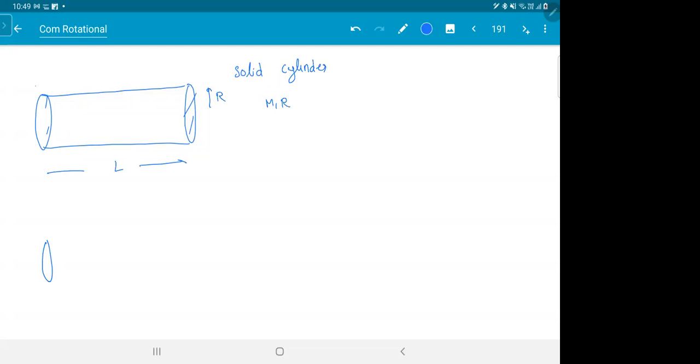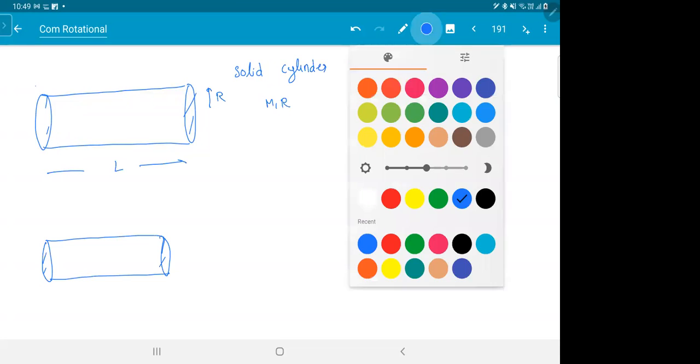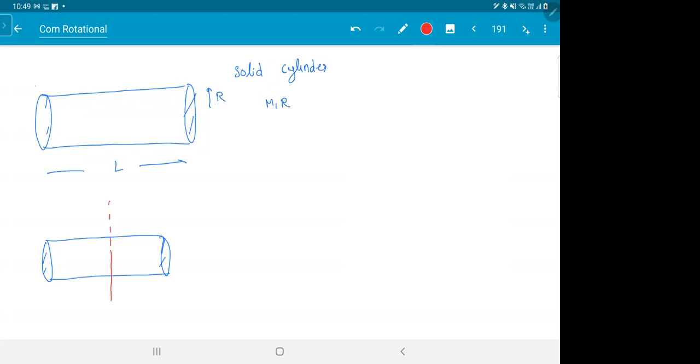If you do about the central axis, the I is given by ml square by 12 plus mr square by 4.